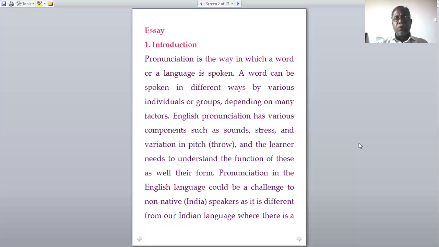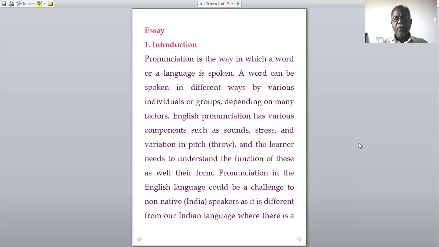The same good afternoon can be pronounced differently, that also we can say, but that is not the way. No one will accept it if we say it that way. So we need to say good afternoon correctly. First one, sound system. And the stress. See, for some words we need to give some stress. Come here. Go there. So we have to stress them, pressure, then only they come, they go. Stress. And variation in pitch.